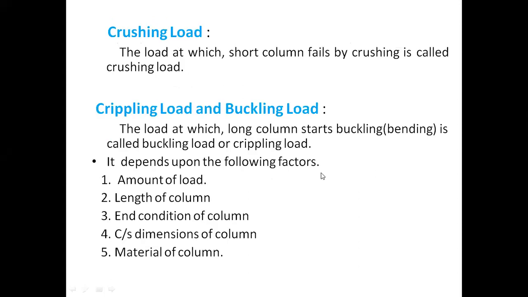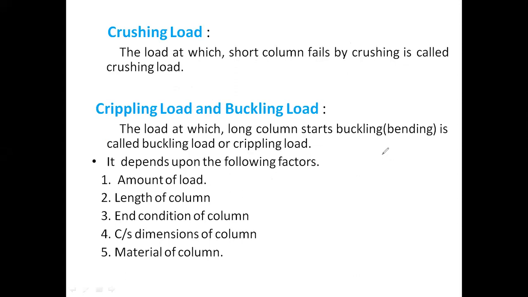So here you can see it clearly. Crushing load: the load at which short columns fail by crushing is called crushing load. Next is crippling load, or buckling load: the load at which a long column starts buckling and bending.